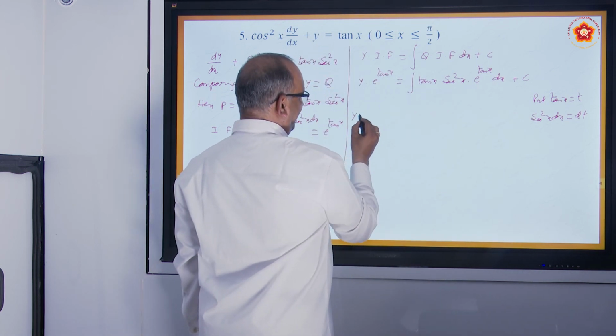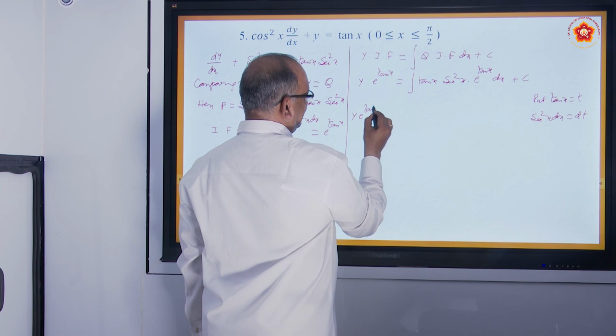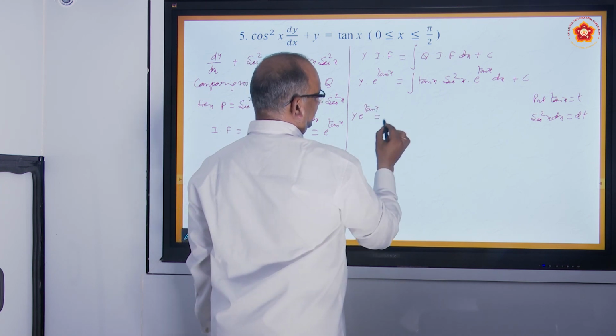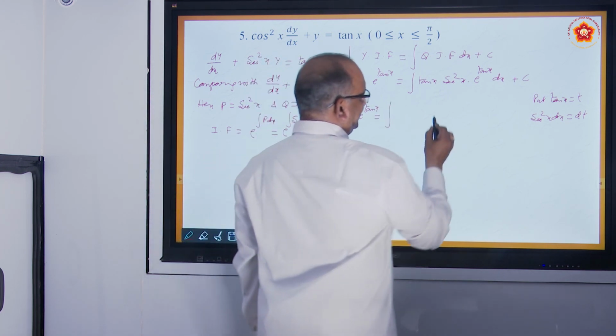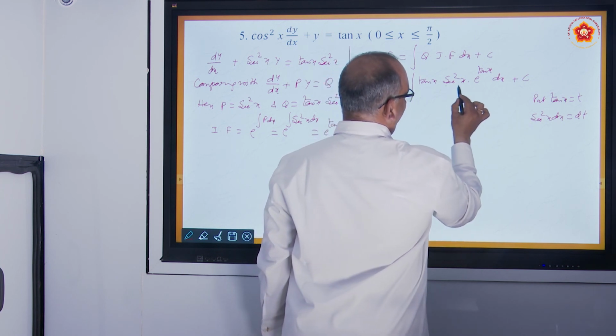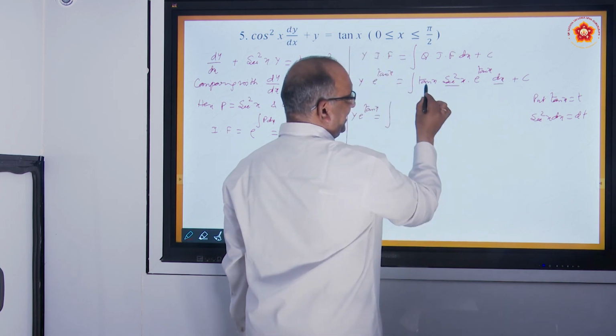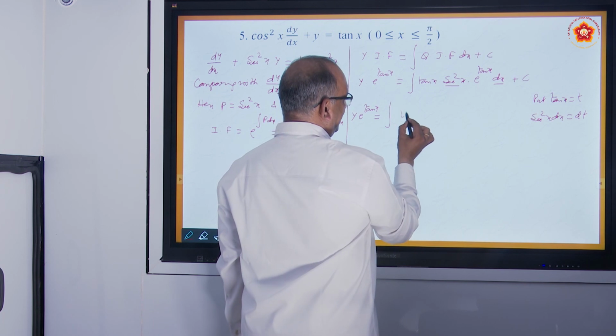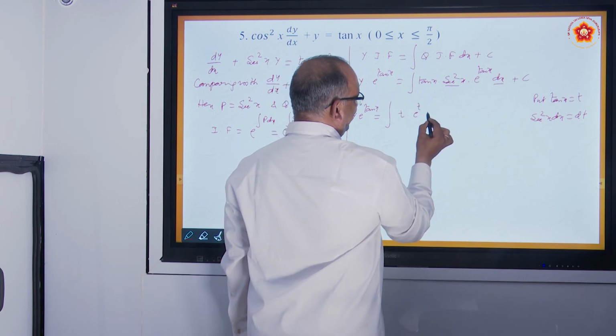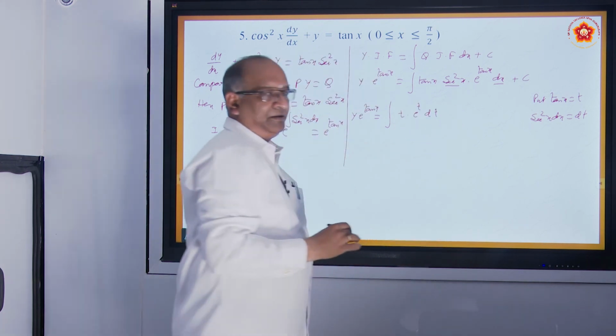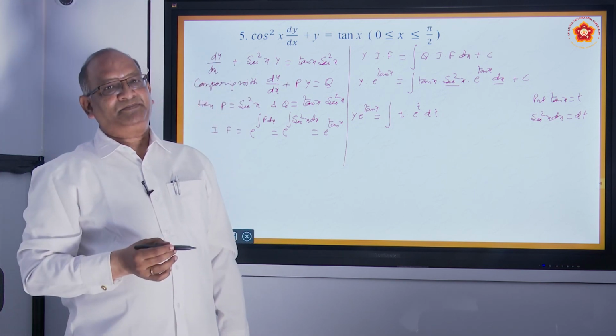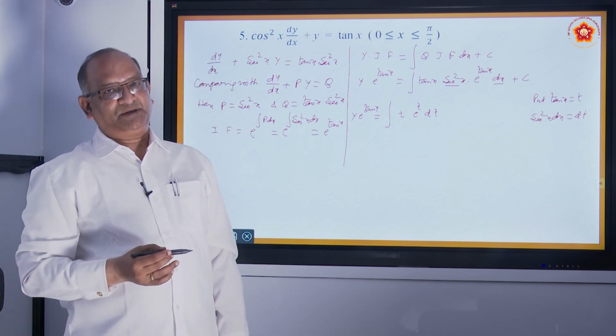So y into e to the power tan x is equal to integration of tan x, which we have taken as t, sec square x dx becomes dt, into e to the power t dt. See, the integral became so simple by making that substitution.